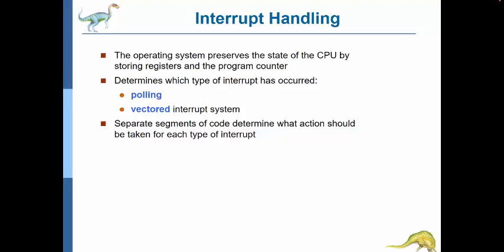Interrupts can be identified by polling and vectored interrupt systems. If you have an external device and here you have the CPU, how does the CPU know you move this mouse?